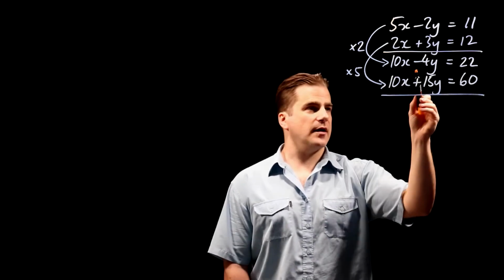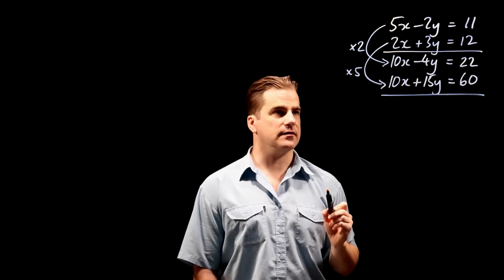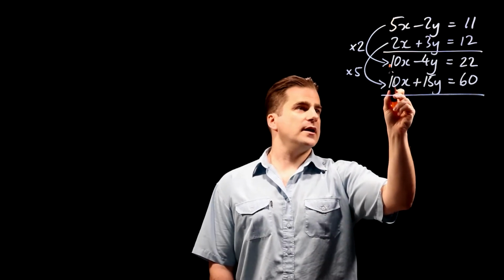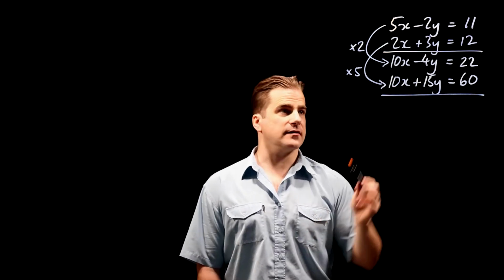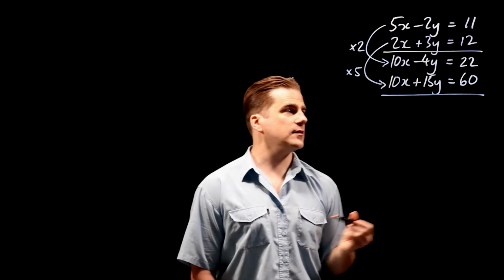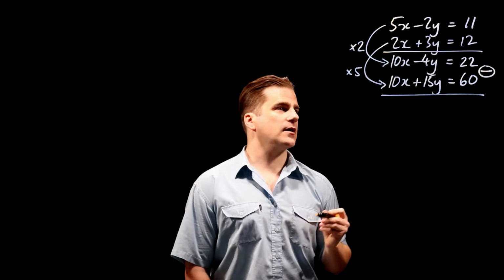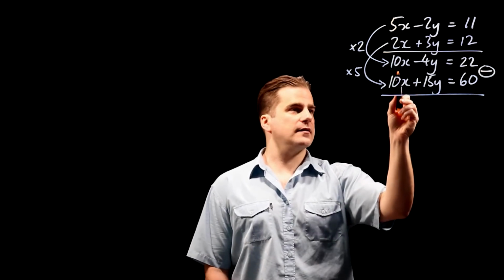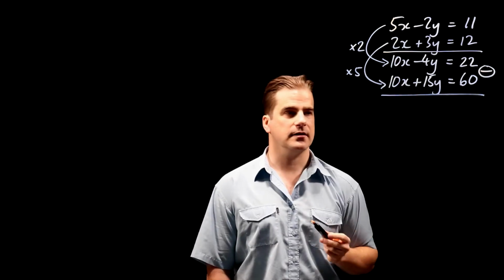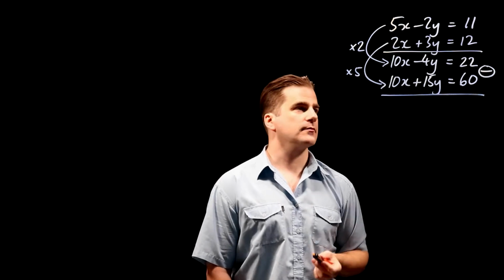Now, it's time to add or subtract these two equations. If we subtract them, we'll get rid of the x's because they're both plus 10x. So we're going to subtract. Okay, so 10x minus 10x is 0, gone.